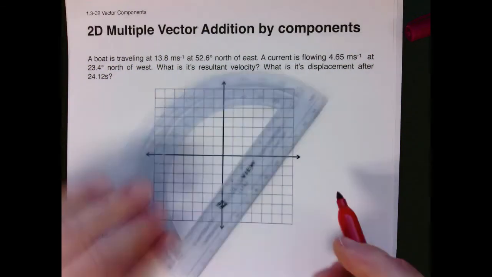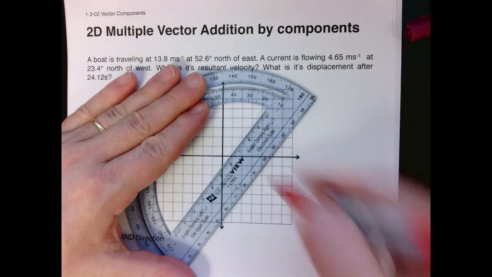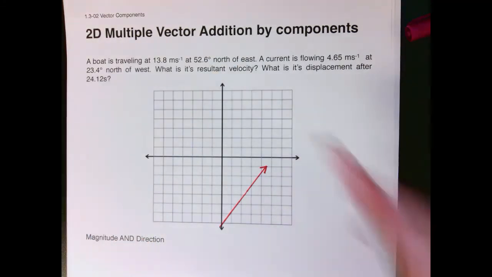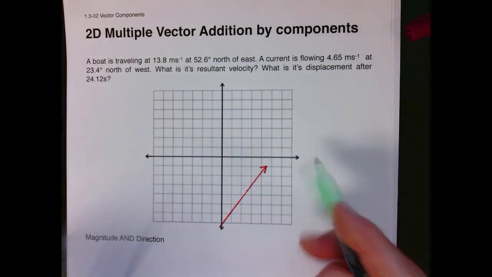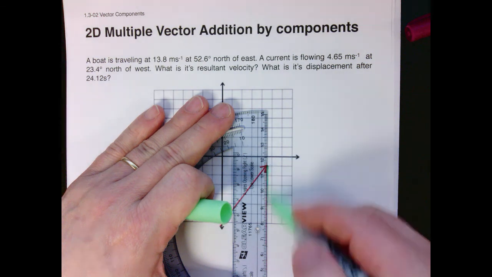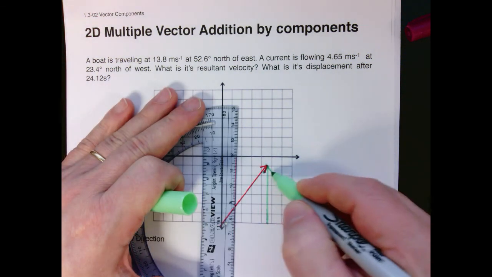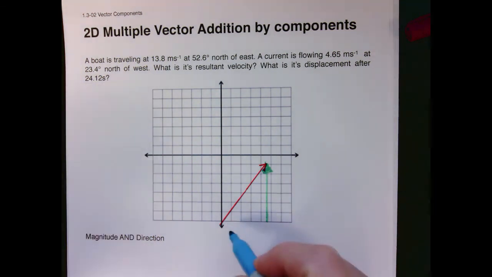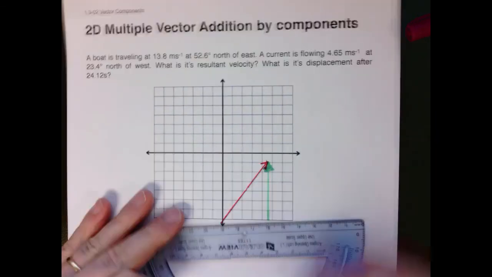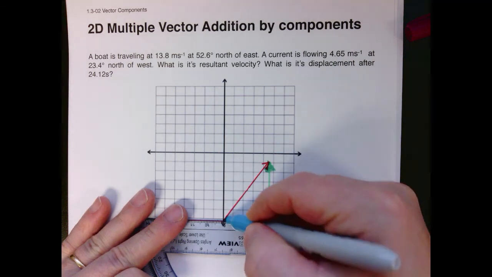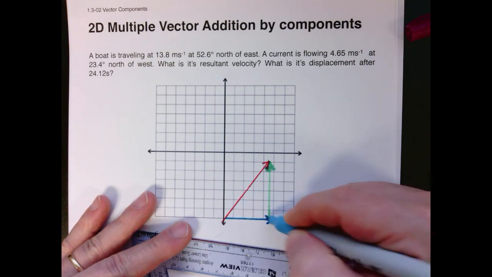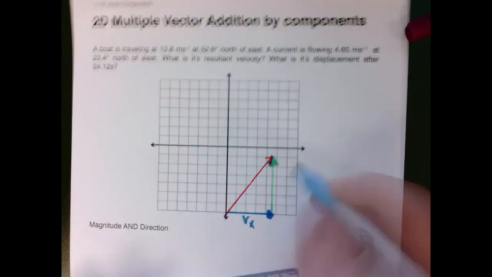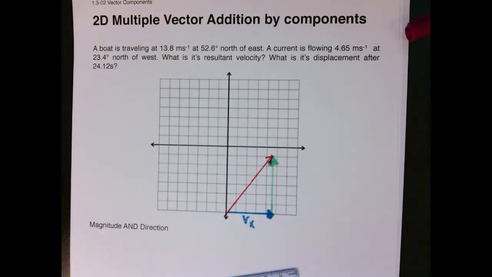Previously, you saw that I could draw this vector here, like so, in this particular place. And that gave us this vertical component, and this horizontal component, down here like this. So we have our Vx and our Vy, which we solved in an earlier example.